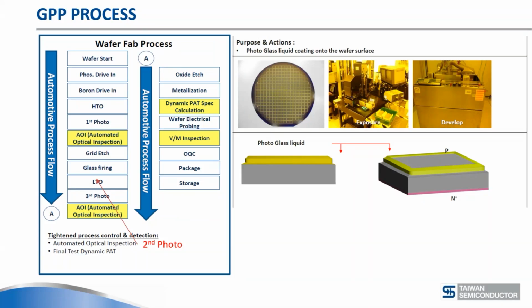But this gives you an idea how simple the GPP process is, and why, if you are a professional auditor that walks around 8-inch or 12-inch fabs every day, you may not be impressed by it. But it's very efficient. Not only do we make several billion rectifiers a month, other companies do too. You can easily say that more than 100 billion, if not hundreds of billions of rectifiers are in the field using this process.